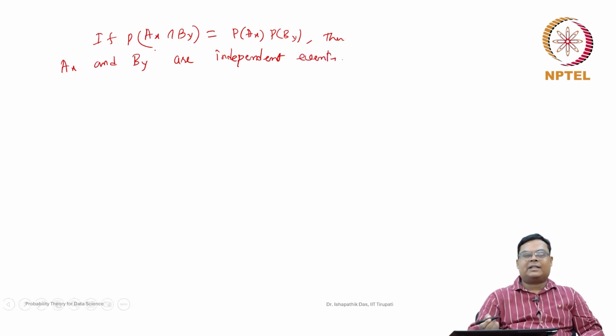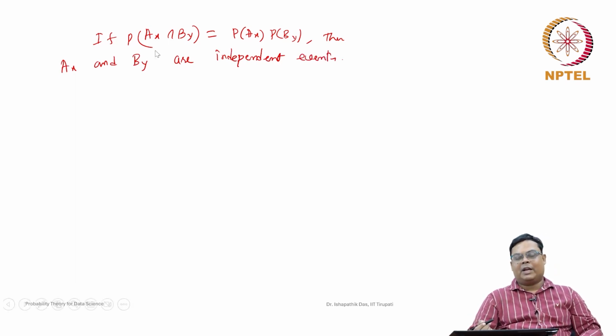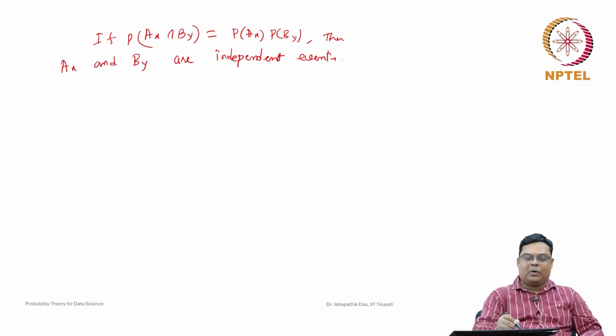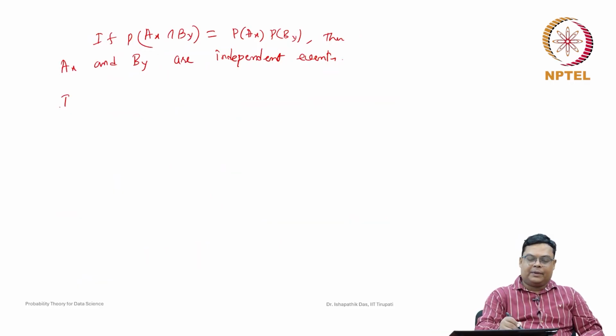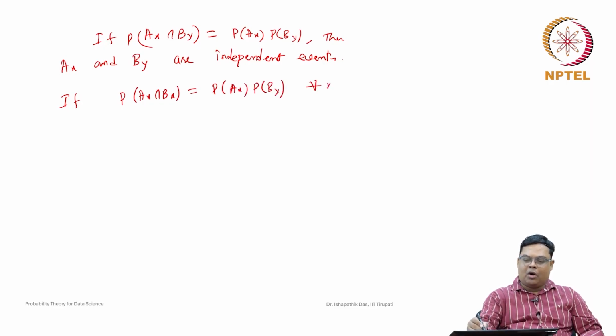So, fixing x and y, it may happen that Ax and By are independent events, but which x, which y will we consider here? For F_XY we are considering all real numbers x and all real numbers y. If the probability of Ax intersection By is equal to P(Ax) P(By) for all x, y belonging to the real numbers.